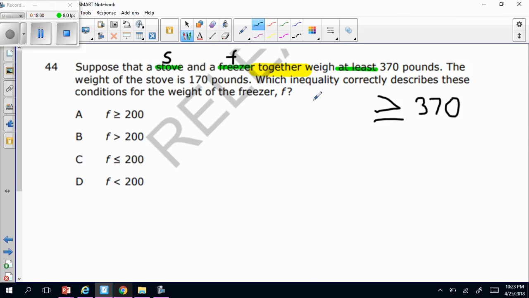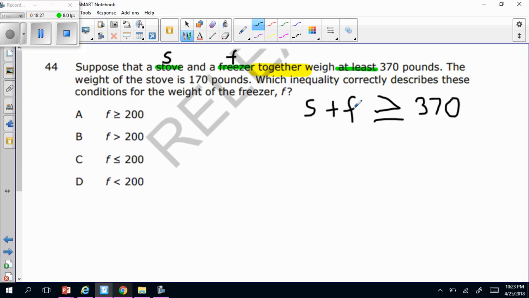We have our stove represented as S plus F represented our freezer gives us greater than or equal to 370 pounds. We have that, but let's look at the second part of the problem. The weight of the stove is 170 pounds. Which inequality correctly describes these conditions?